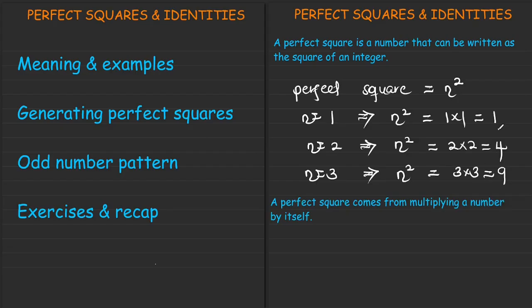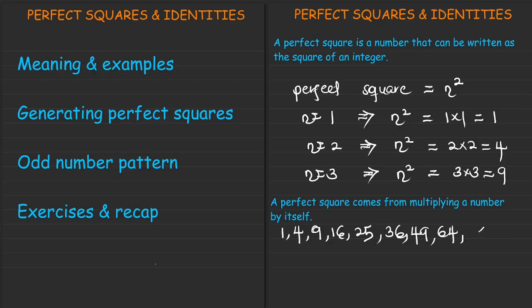So as you have seen, we just multiply the numbers by themselves, 2 by 2, 3 by 3. Hence, for the first 10 perfect squares, we have 1 times 1, which gives us 1. We have 2 times 2, which gives us 4. 3 times 3, that gives us 9. 4 times 4, we have our 16. 5 times 5, 25. 6 times 6, 36. 7 times 7, 49. 8 times 8, we have our 64.